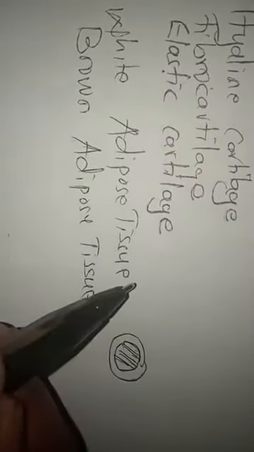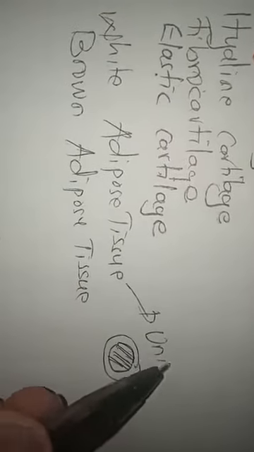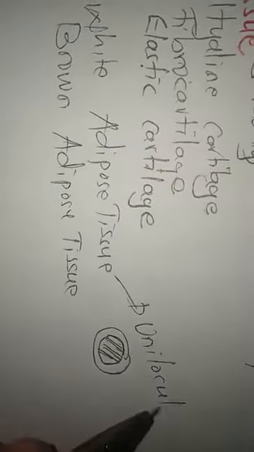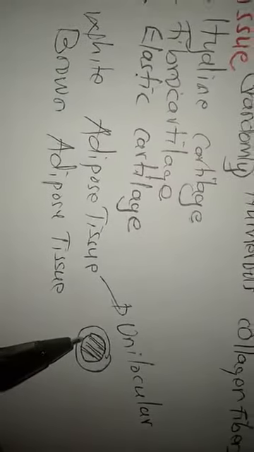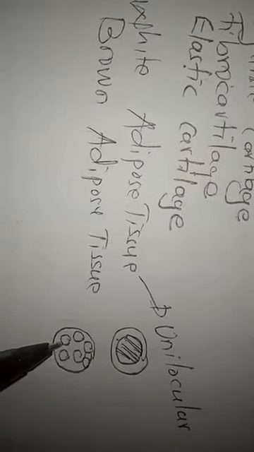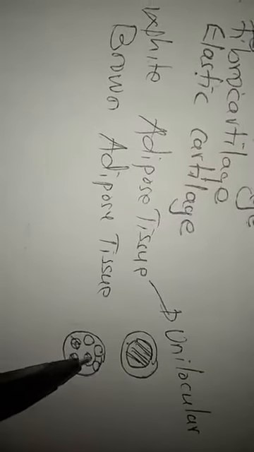Because of this single lipid droplet, it's usually referred to as unilocular, and this lipid droplet is large. Brown adipose tissue has numerous small lipid droplets, and because of this, brown adipose tissue is usually referred to as multilocular.